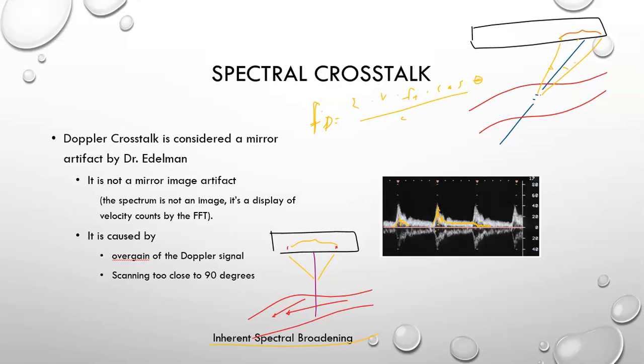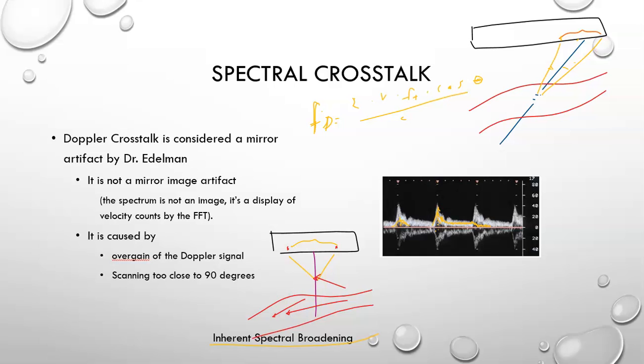For this microcrystal on the left, the flow is towards it, okay? So now we've got the situation where you've got flow toward and away from whatever you're measuring, and that's crosstalk. Okay, so that is crosstalk.